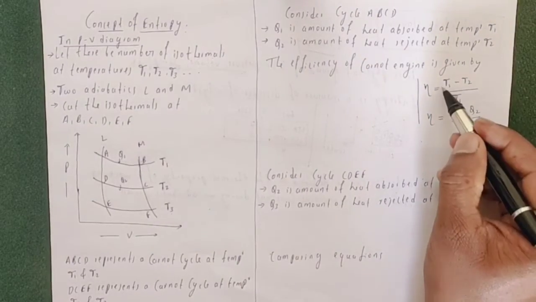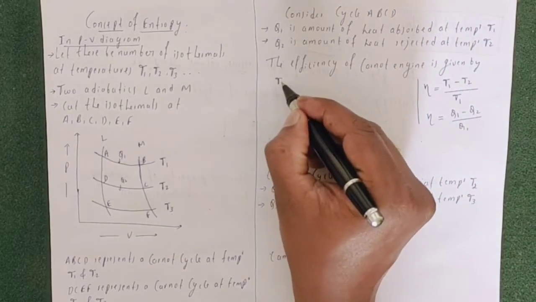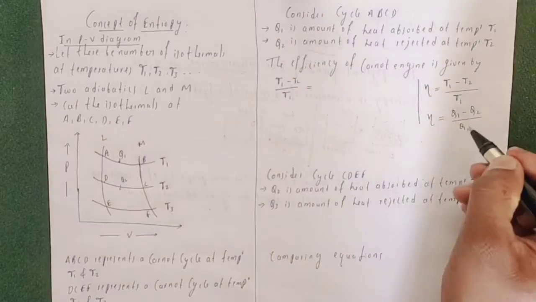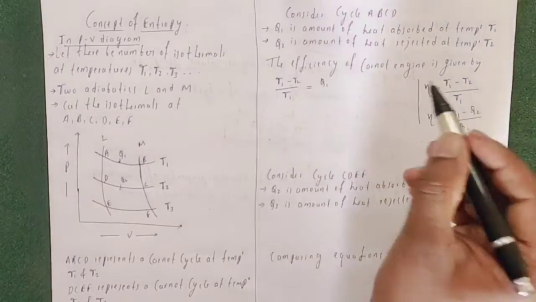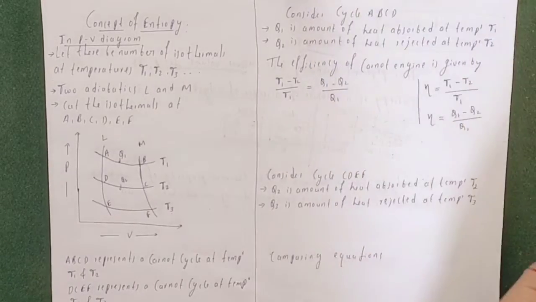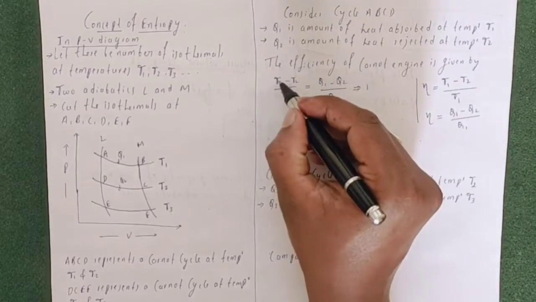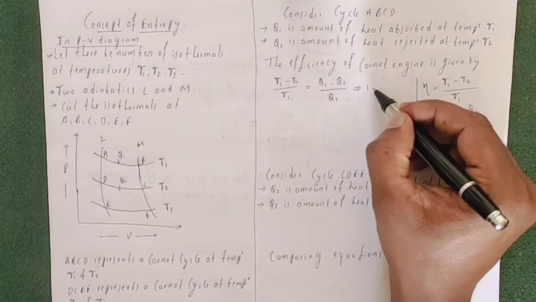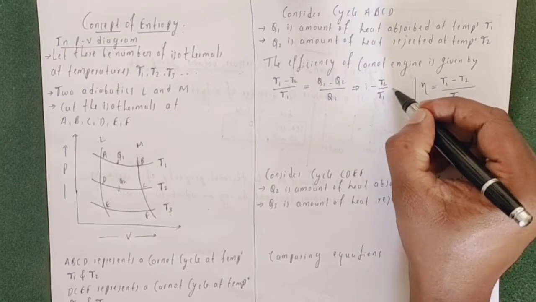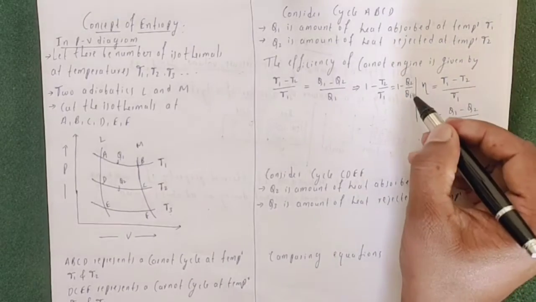From these two efficiency equations we can write T1 minus T2 divided by T1 equals Q1 minus Q2 divided by Q1, or 1 minus T2 divided by T1 equals 1 minus Q2 divided by Q1.